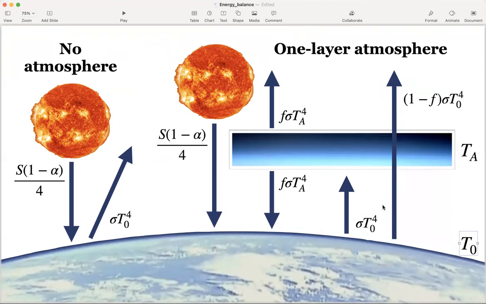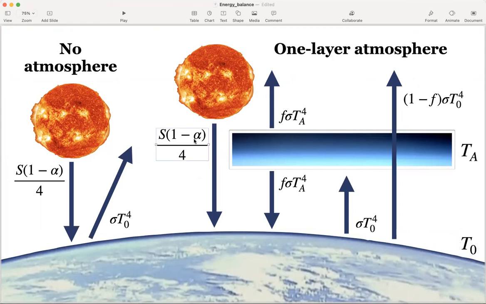To do that, we need to construct 2 energy balance equations, one for the top of the atmosphere, which is the total radiation lost to space, and one for the atmosphere itself. So for our first equation, we need the total into the system and the total out of the system.